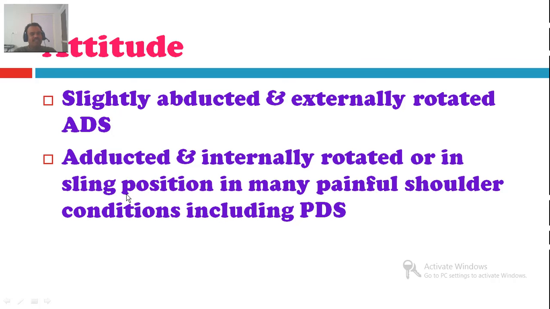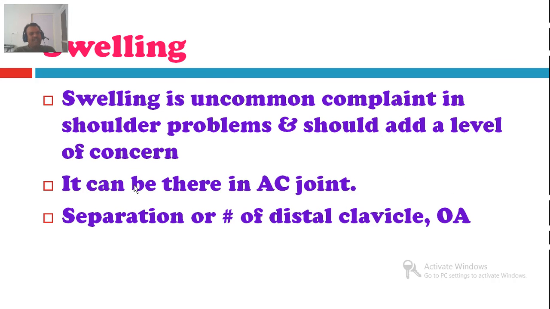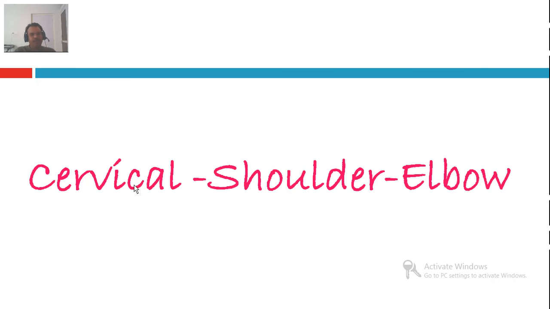And one of the best tricks is to look at the thumb. When the patient is standing, look at the thumb, whichever side thumb is more inward, that means there is more internal rotation. Okay, swelling is uncommon in a patient who has shoulder pathology unless it is traumatic. So non-traumatic swelling with shoulder pathology is uncommon. It can be there in case your patient has a traumatic pathology such as AC joint separation or fracture of the distal clavicle.